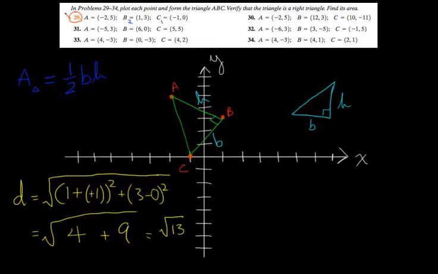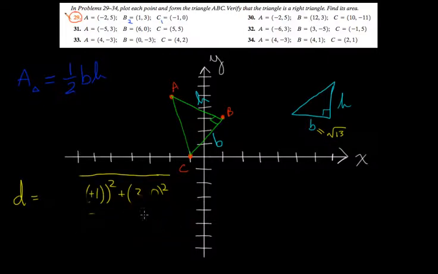Okay, so the base, we'll say, is square root of 13. Now we need to find H, the distance between B and A. So we're going to use the distance formula again. We'll say B is still (x2, y2) and A will be (x1, y1).